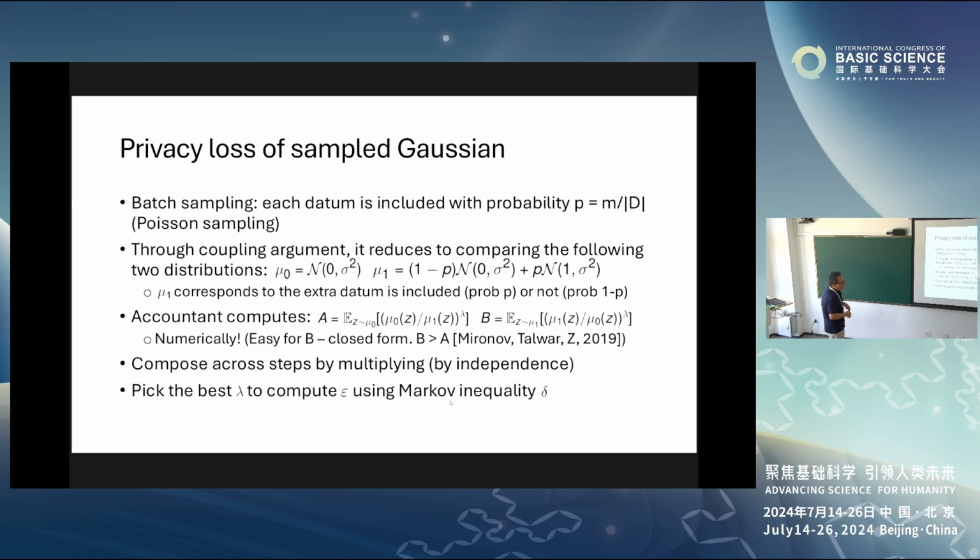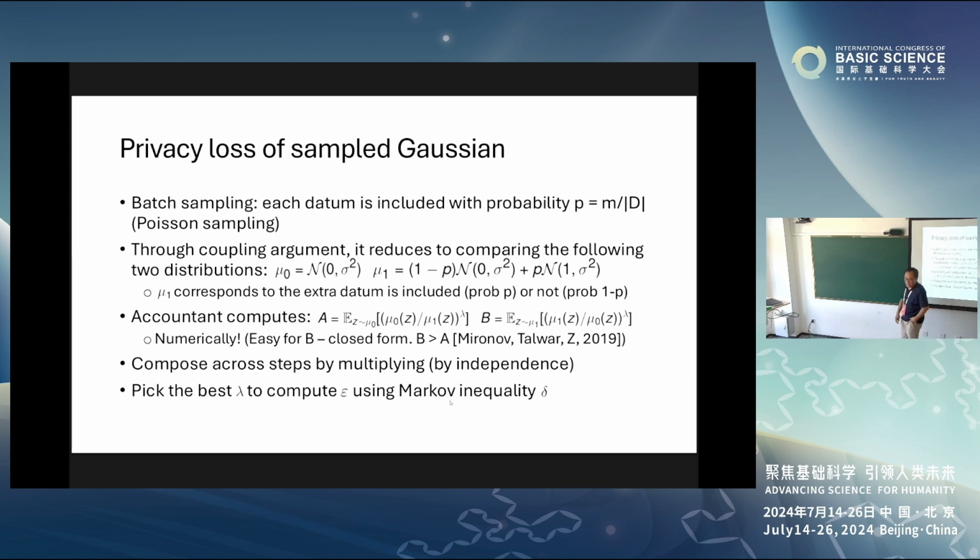Then through some coupling argument, when we compare D and D prime, and some pseudo-convexity property of this moment, it gets down to the worst case: mu0 is a standard Gaussian centered at 0, and mu1 is a mixture of two Gaussians, with probability 1 minus P standard at 0, and with probability P standard at 1.